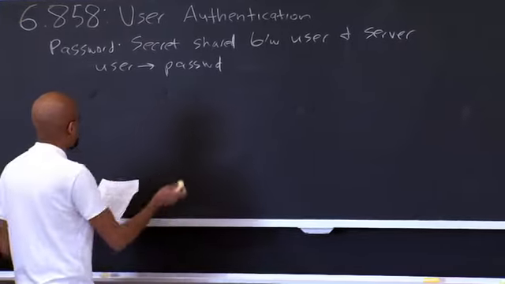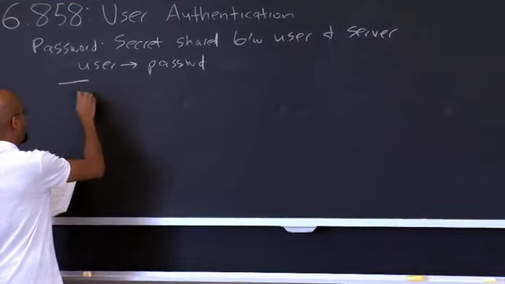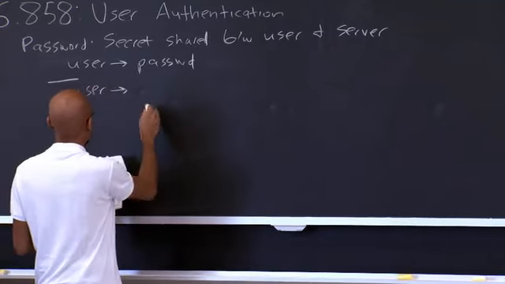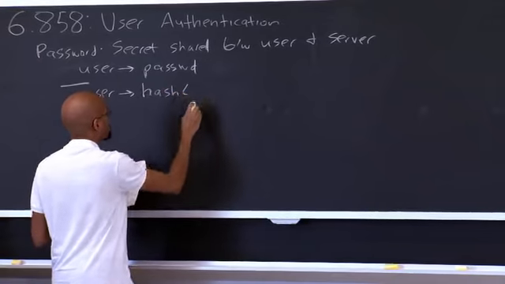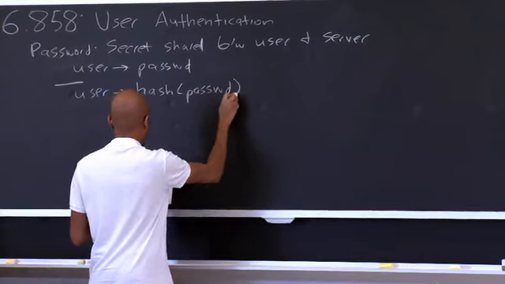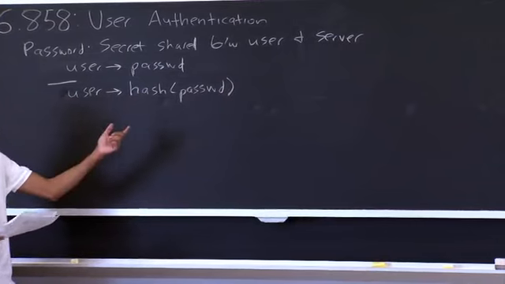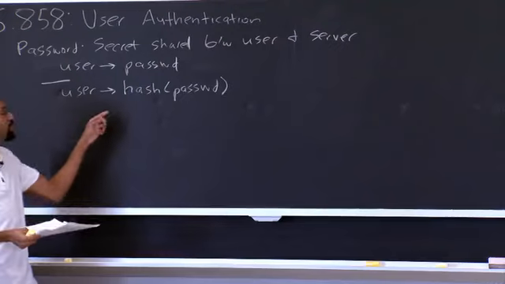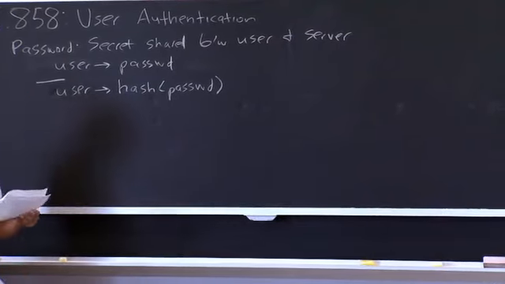So perhaps an improved solution is to have the server store a table that looks like this. Once again, it maps the username, but now it maps to a hash of the password. The user client supplies their clear text password to the server. The server then takes that clear text password, hashes it, does a lookup in the table, and once again sees if the user is who he or she says they are.